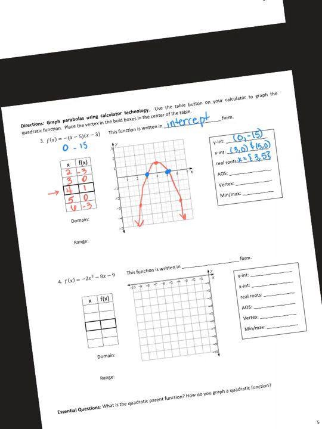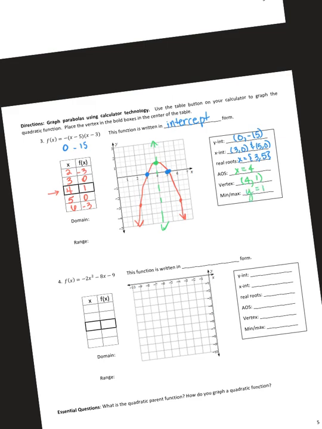The axis of symmetry is the vertical line that passes through the vertex and splits the parabola in half. So it is the equation x equals 4. And the vertex is going to be at (4, 1). Which means that our max, where this graph maxes out, is going to be at y equals 1.